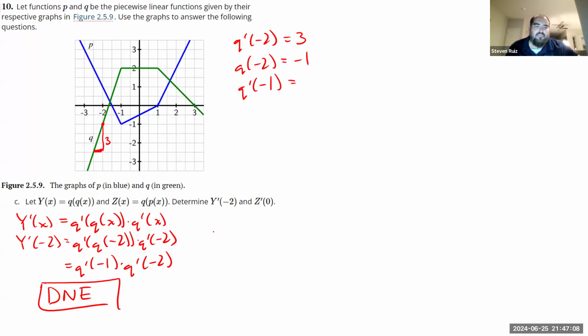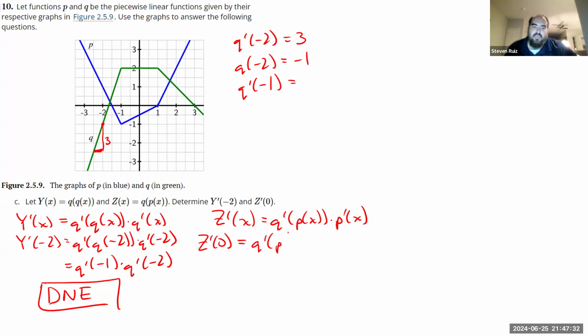So let's move on to z prime of 0. So this is q of p of x. So z prime of x is equal to what? Q prime of p of x times p prime of x. And we want to evaluate that at a specific value of x.